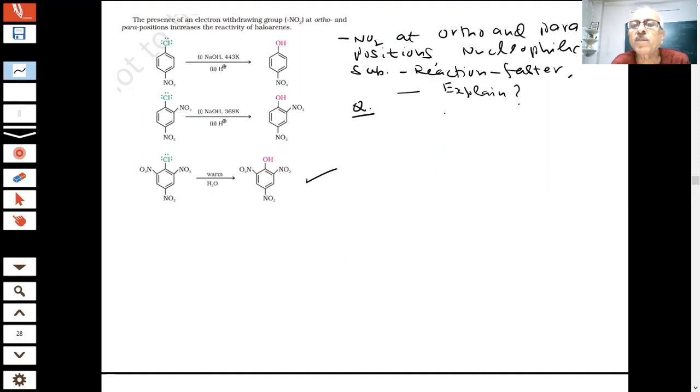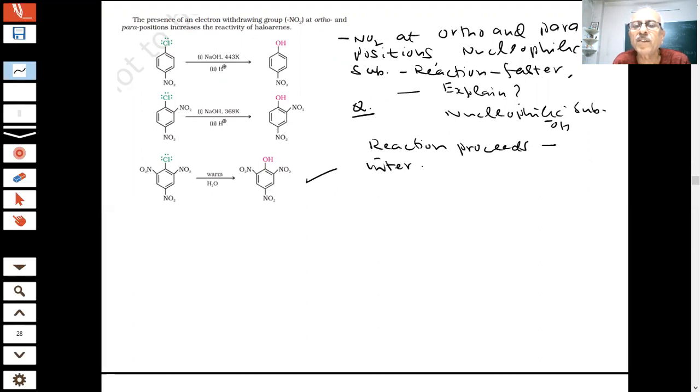These are examples of nucleophilic substitution reaction. And the attacking reagent is the nucleophile OH minus. And when OH minus attaches, what will happen? The reaction proceeds through formation of an intermediate.